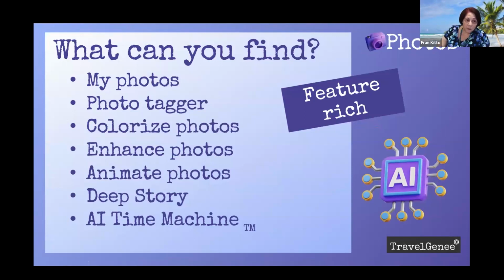So this is what you can find in the photo section: My Photos, which are the ones that you've loaded up, a photo tagger, colorize the photos, and sorry about the spelling, but it's the name of the thing and it's how they spell it, bit Americanized. You can enhance, you can animate photos, and you can do Deep Story, and you can do the AI Time Machine. So let's have a look at some of them.